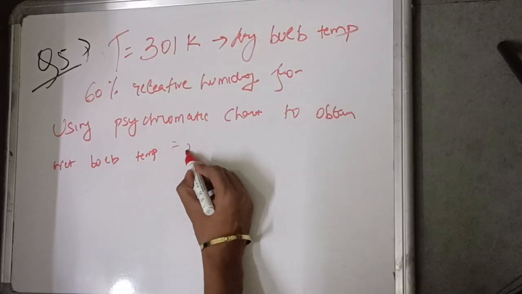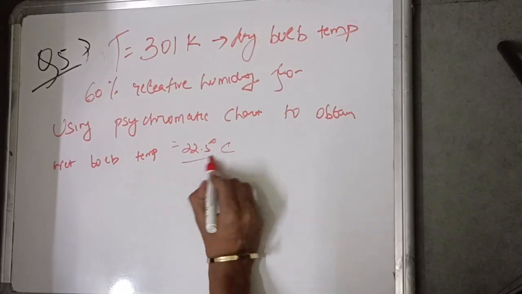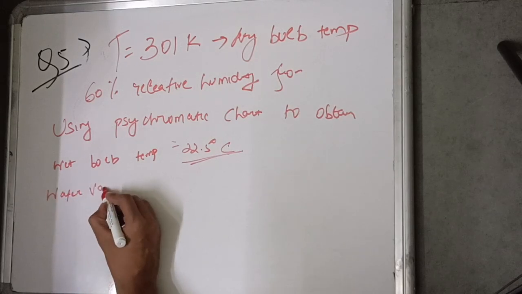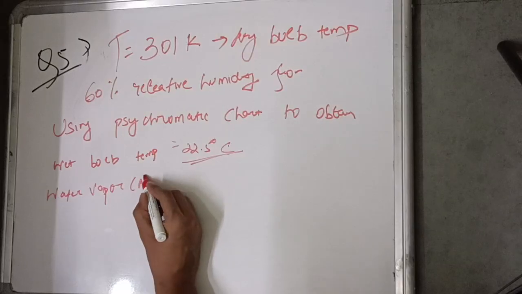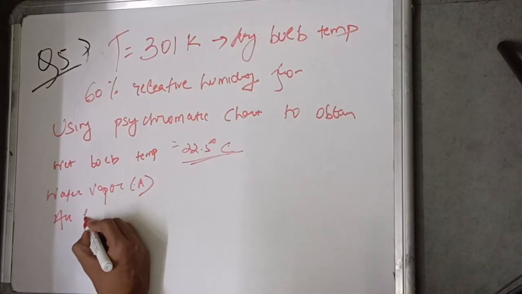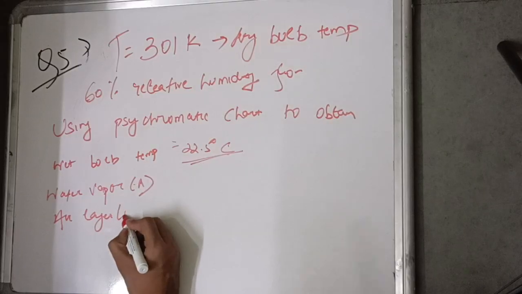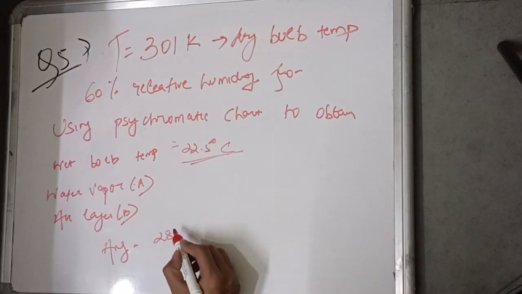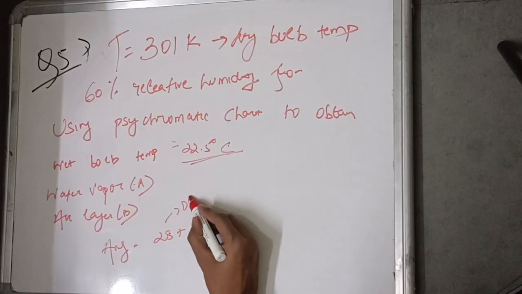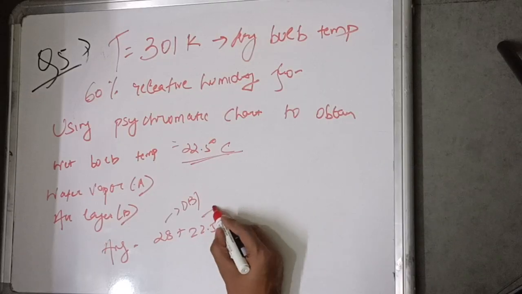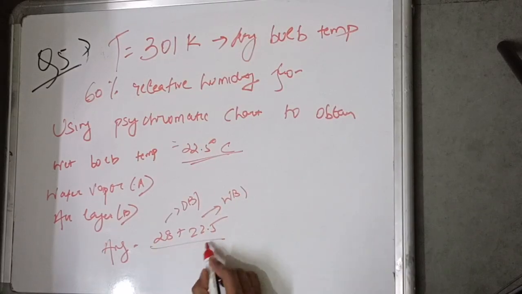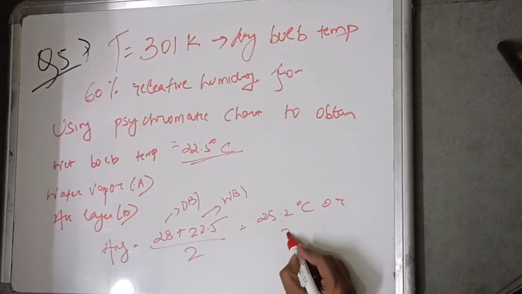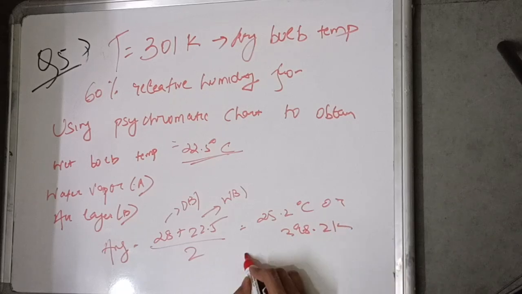We get the value as 22.5 at the wet bulb temperature. We know the water vapor, which is diffusing, is A, and the air layer is B. We are taking the average temperature: 28.5 is the DBT, dry bulb temperature, 22.5 is the WBT, wet bulb temperature, and the average is 25.2, or 298.2 Kelvin.